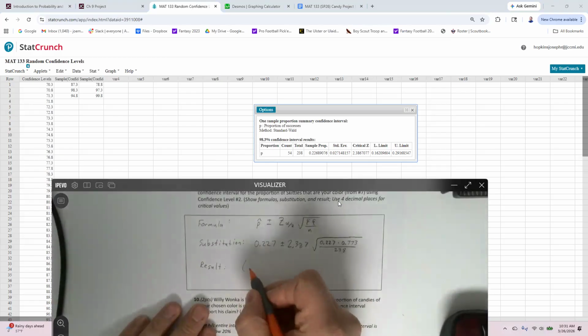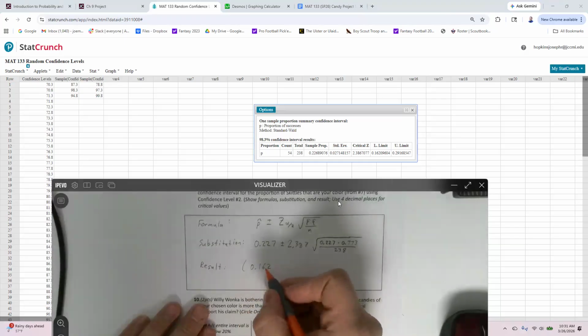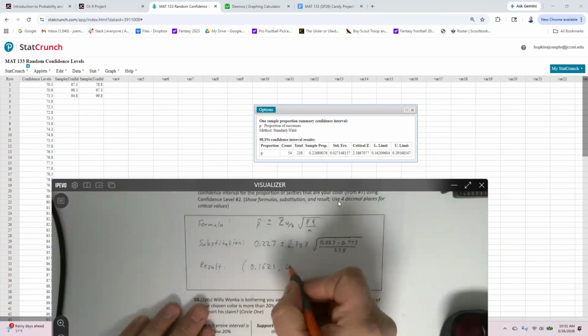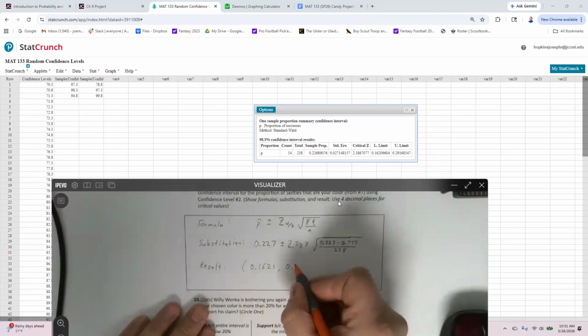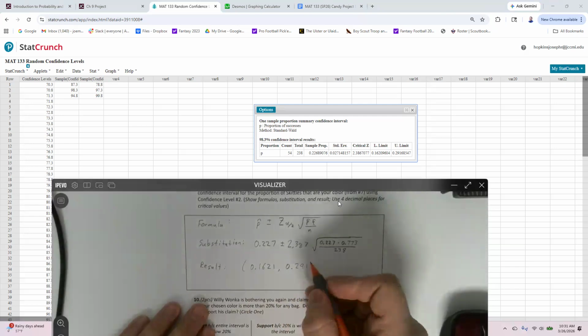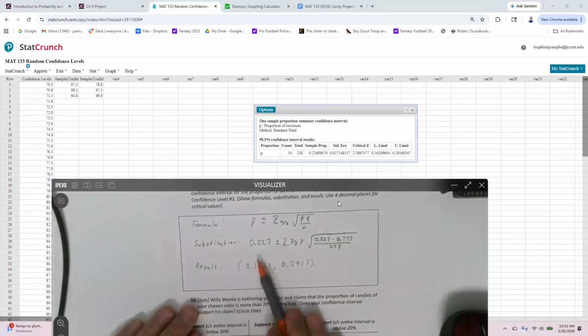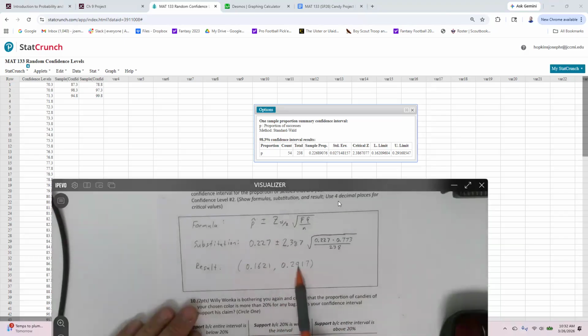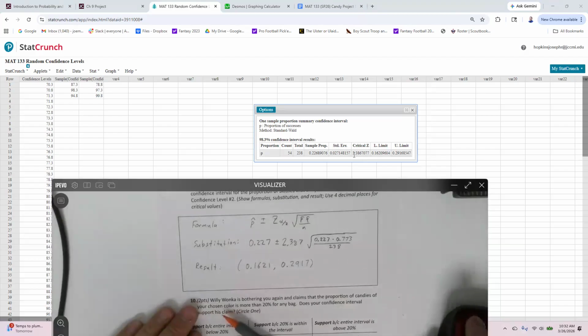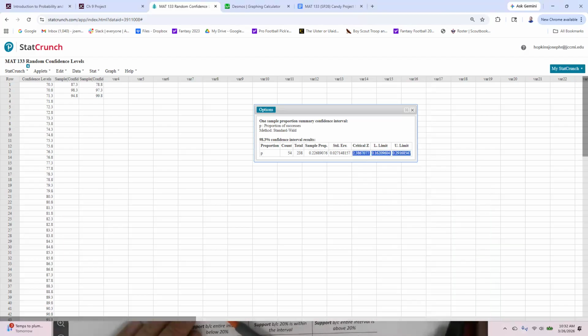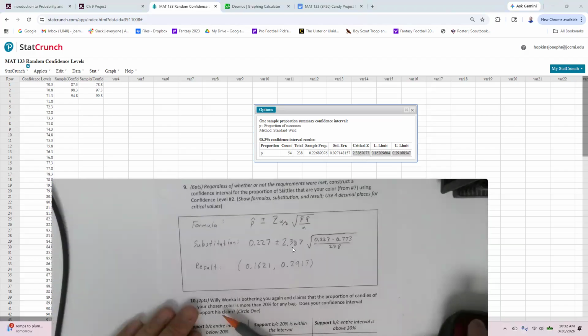My lower limit is 0.162, and my upper limit is 0.2917. Your Z value is going to be different from mine. Your confidence interval will be different from mine, but I'm just writing these 3 numbers. Z goes here, lower limit, upper limit.